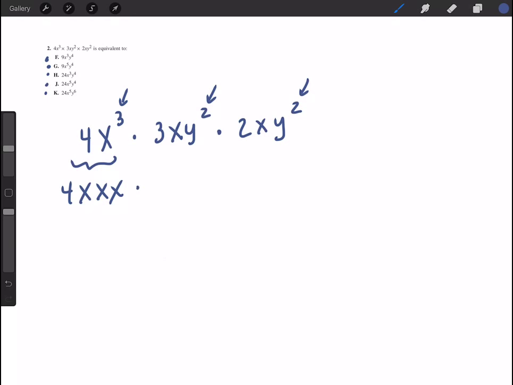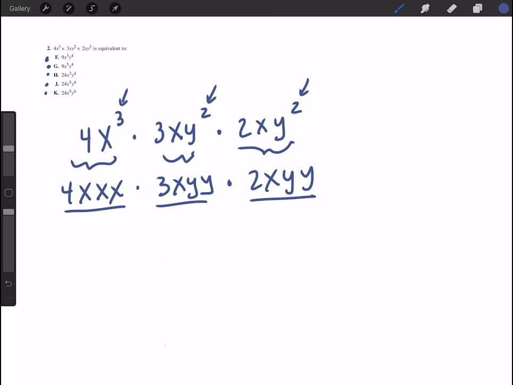You have to agree to that because we just went over it. Now we're multiplying times 3xy squared, so we could write that as 3xyy. And then we're multiplying times 2xy squared, which is 2xyy. You should agree that these expanded forms are exactly the same as the forms in which the prompt is written.